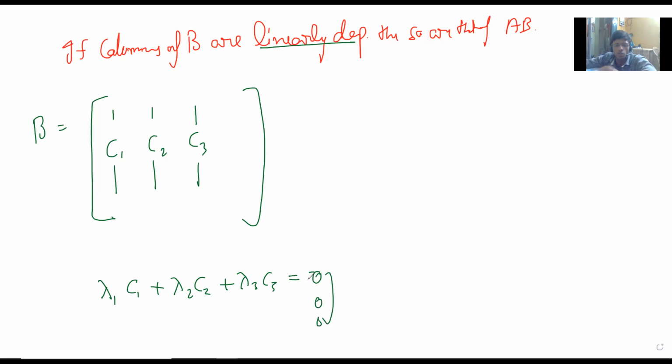Just to point this out, Chandan, you were also using linearly dependent, but you broke it up into the coordinates, right? You used that there is one lambda 1 which will work for all the 3 coordinates.